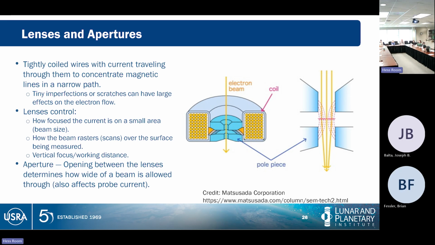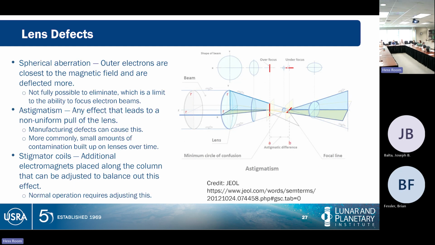Effectively, this is a current control. If you open a wider aperture, you can get more electrons coming through. A more narrow aperture will reduce the number of electrons coming through. So the lens has both of those effectively built into it: a magnet that controls the current and an aperture.